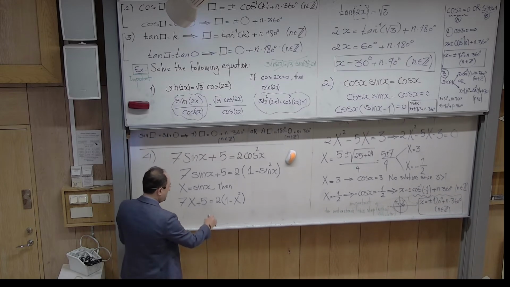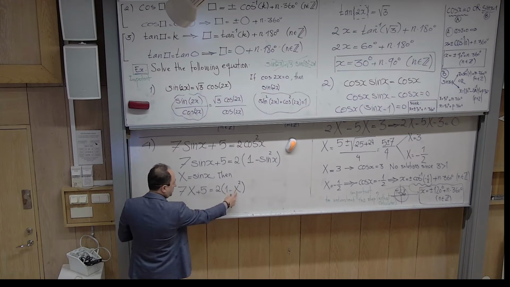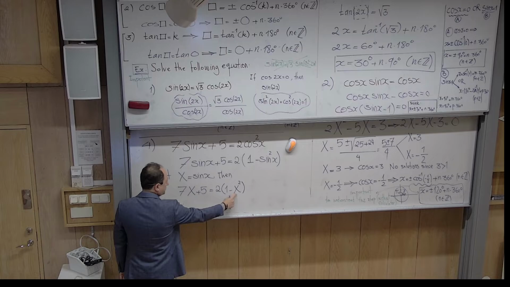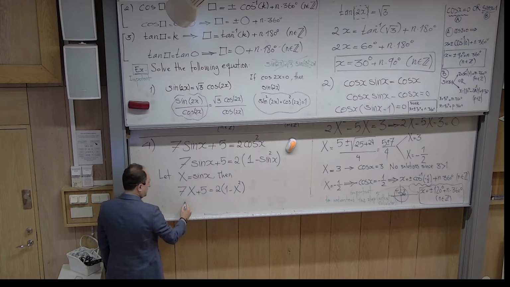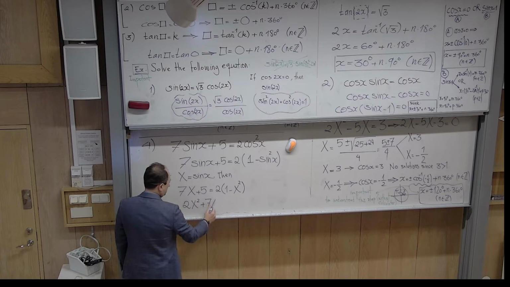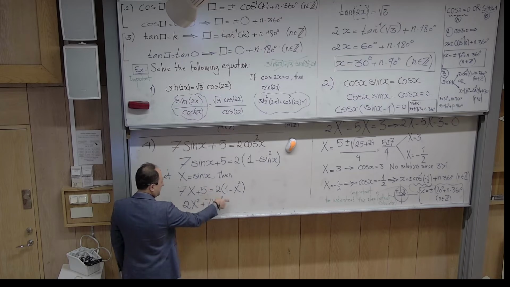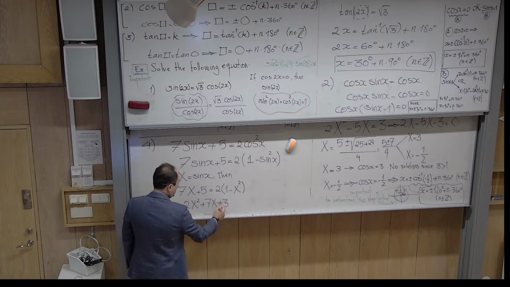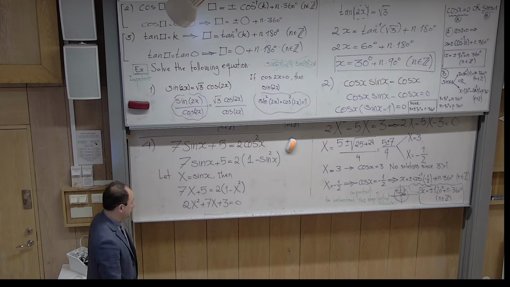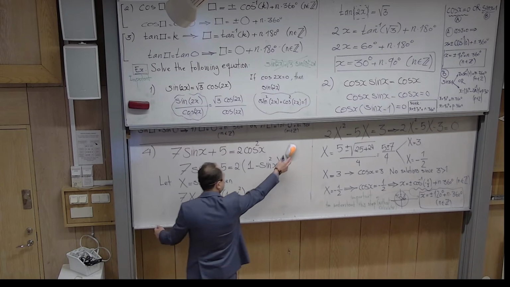Okay, if you don't mind, let me just multiply, and I know it's quadratic, so I move everything to the left. So minus 2X squared, I move it to the left, it becomes positive 2X squared. I have 7X here, I just keep it there. And I multiply this 2, and I move it to the left. 5 minus 2 is 3. It's equal to 0. And then I have to solve this problem. So what can I do now?